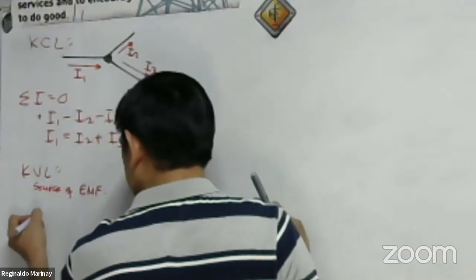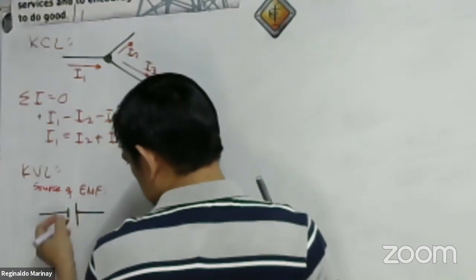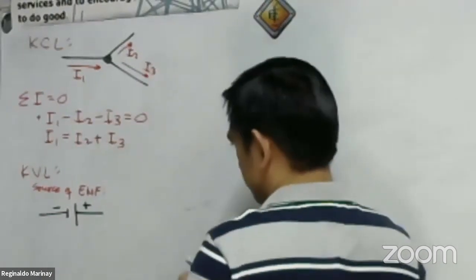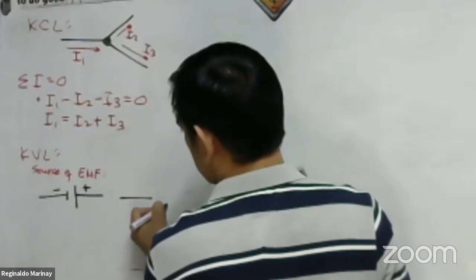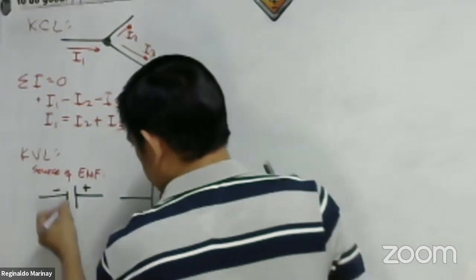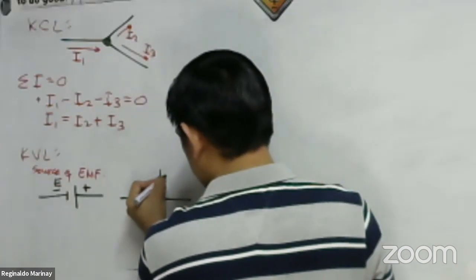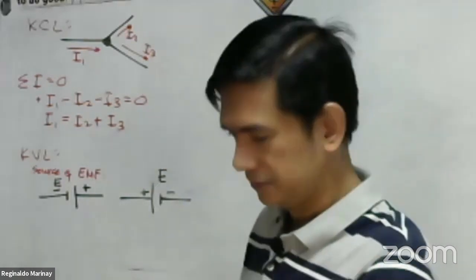Let's say we have here a battery. So the longer one is the positive, the shorter one is the negative. Let's say we have here our E. Okay, this is our E. This is positive, this is negative. Okay.